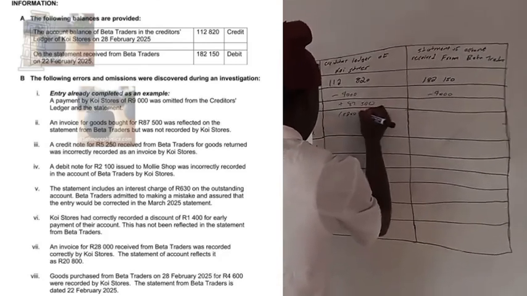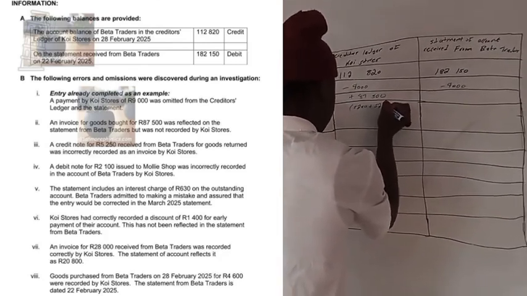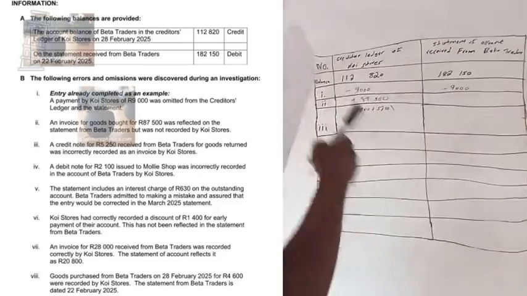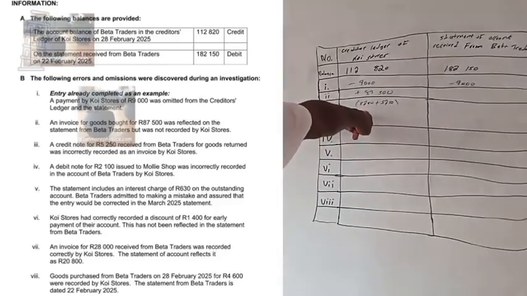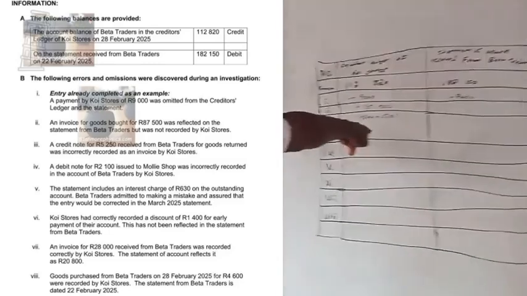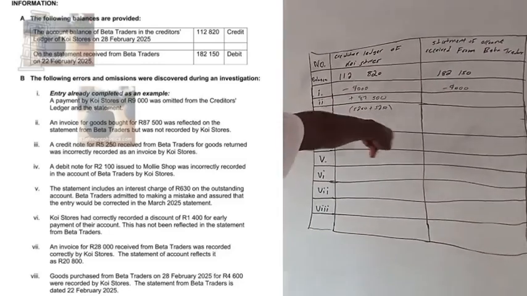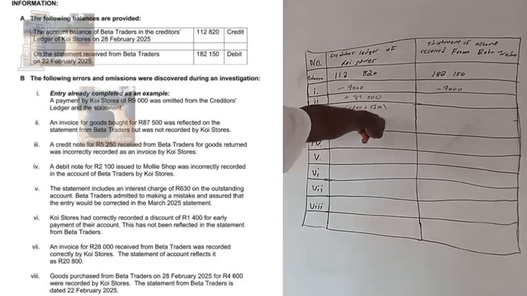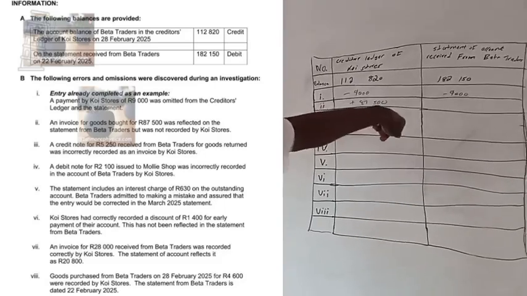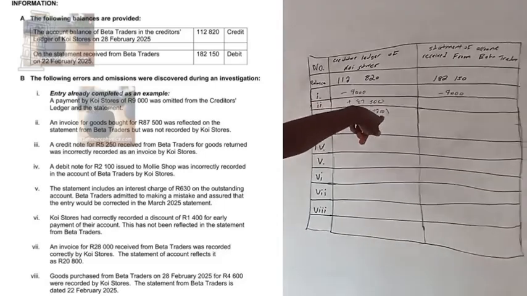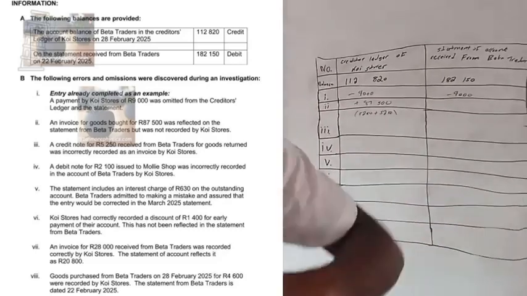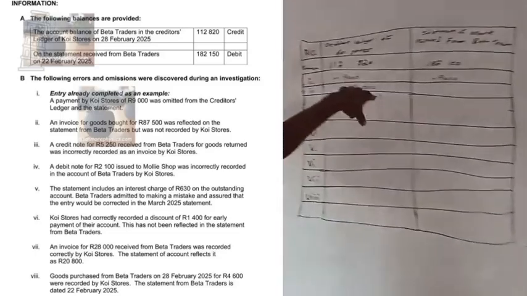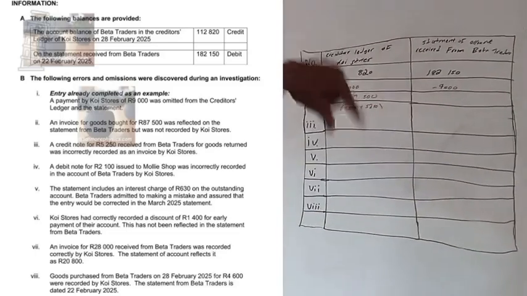In other words, we will do this. We will say 5,250 plus 5,250. Why are we adding both of them? This one is the credit note for the goods that we returned. And this one is for the expenses that we recorded, because we recorded it as an expense. It's not an expense. It's a credit note, it's an income.